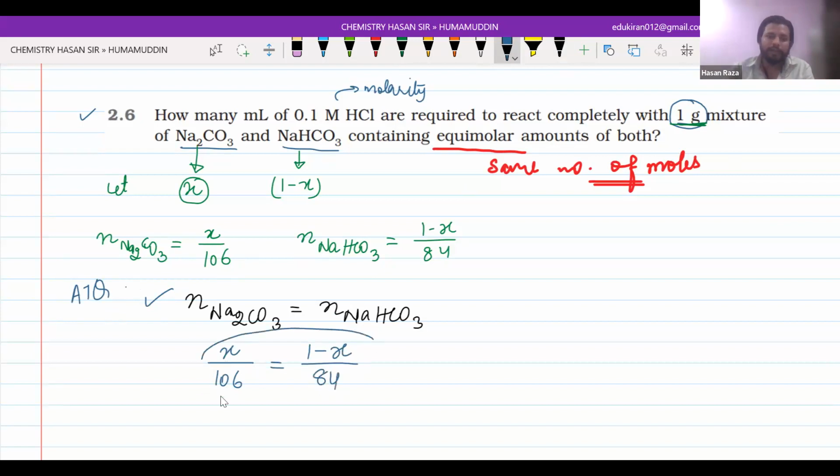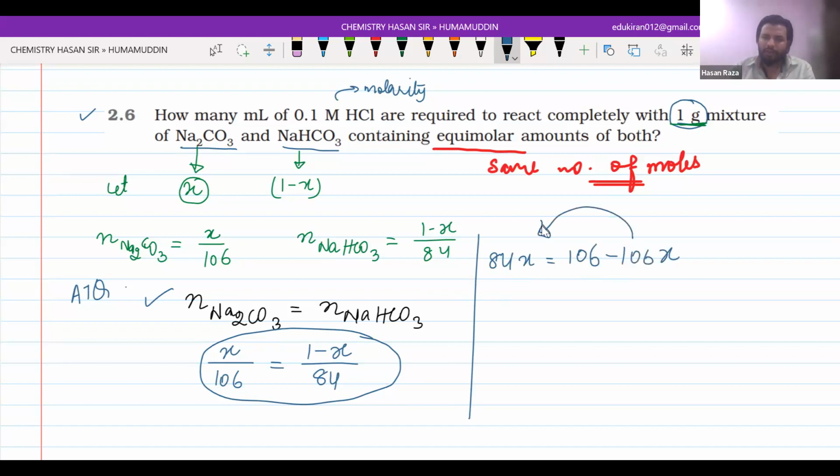From here, you can calculate the value of X, which is the mass of Na2CO3. 84X will be equal to 106 minus 106X. Now move the X part from right to left: 84X plus 106X will be equal to 106. So 190X is equal to 106, and hence you can calculate the value of X.